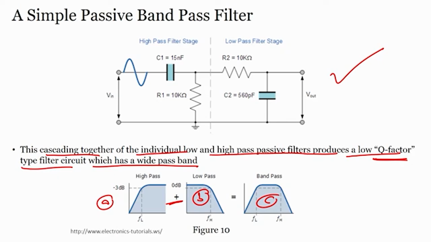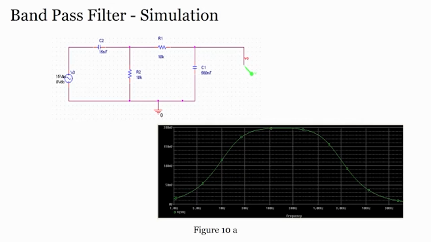Now, if there is a simple passive band pass filter, then let us do the simulation. See, if I connect it and if I do the simulation, what do I get? I have the frequency on the x axis, and gain on the y axis, right, gain versus frequency.